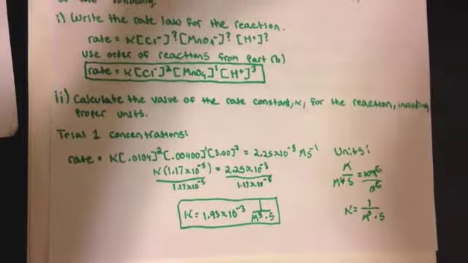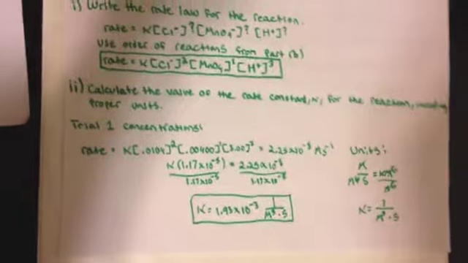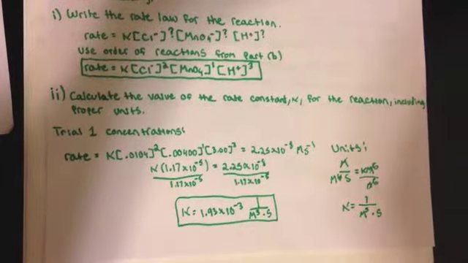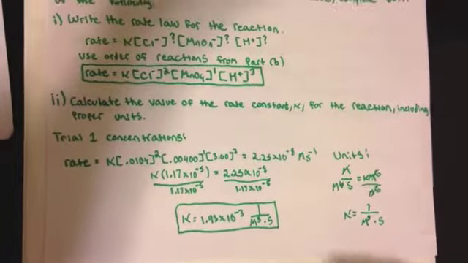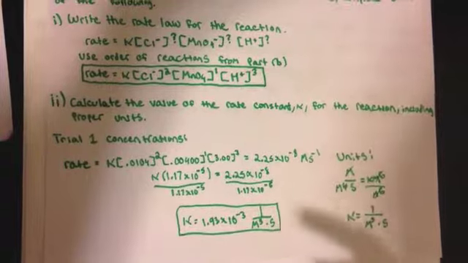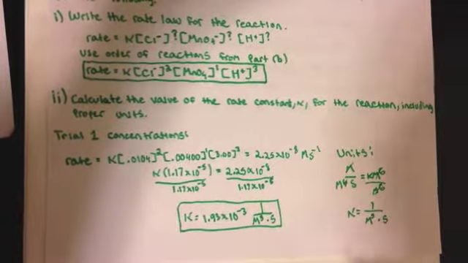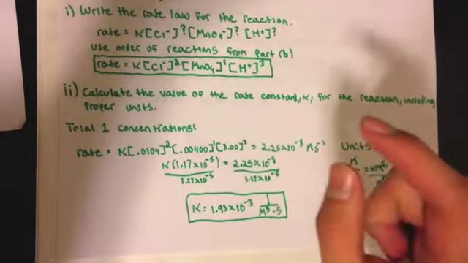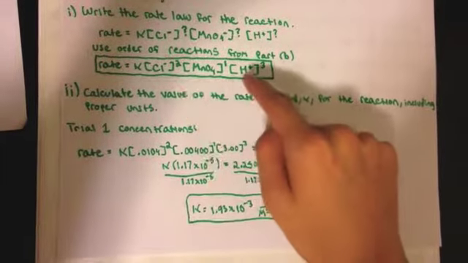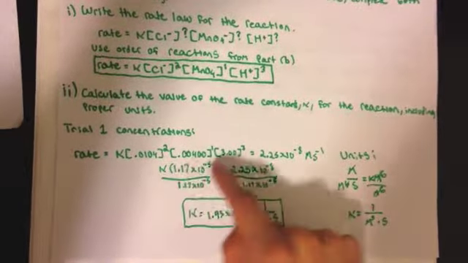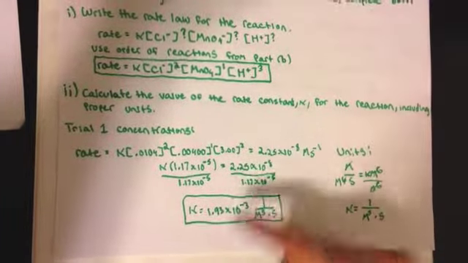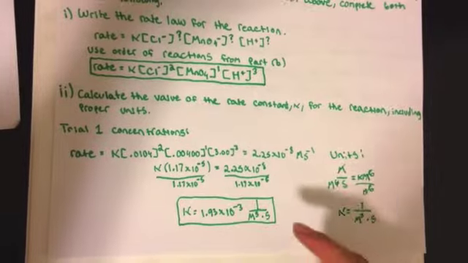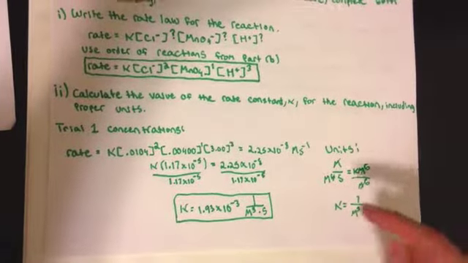For part 2 of C, we have to calculate the value of the rate constant k for the reaction, including proper units. I used the trial 1 concentrations and the rate of disappearance. I plugged in all the concentrations to the rate equation we got in part 1 of C, and after you multiply it all out, we got k times 1.17 times 10 to the negative 5th power is equal to 2.25 times 10 to the negative 8th power.